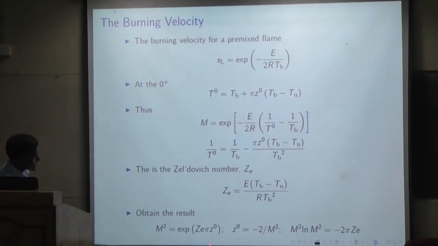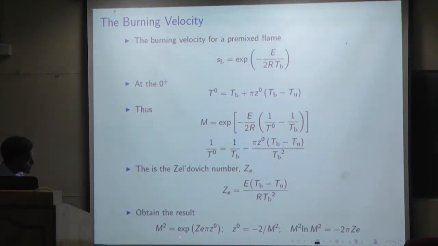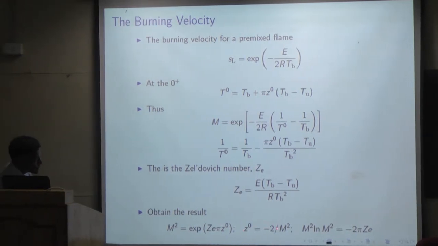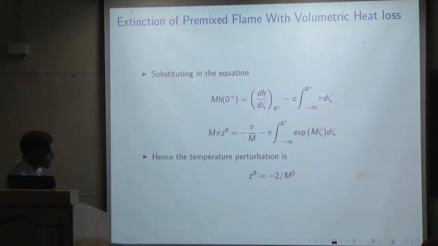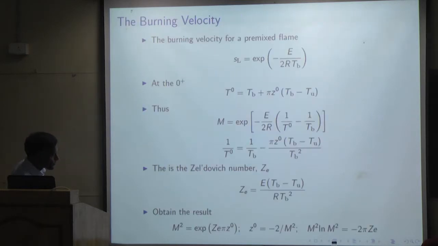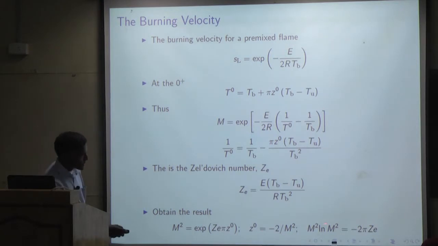So the final result is that m is given by this equation, where Z naught is what we obtained previously. Putting it in, you get this very interesting expression: m squared log m squared equals minus 2 pi times the Zeldovich number. Now we're going to plot this.